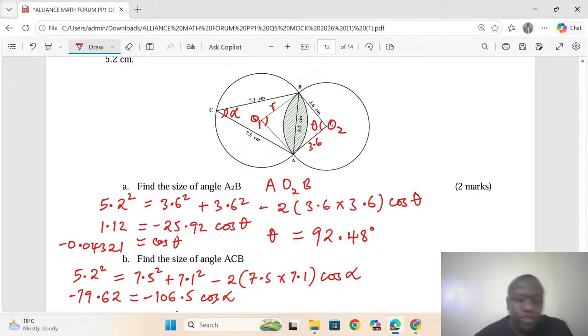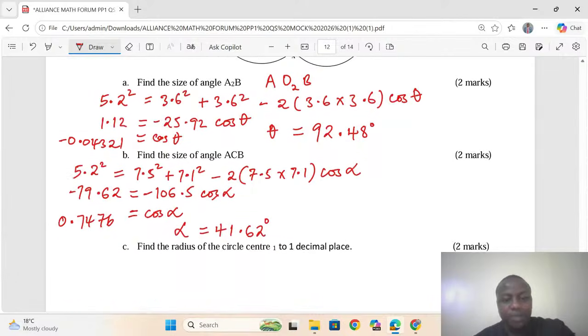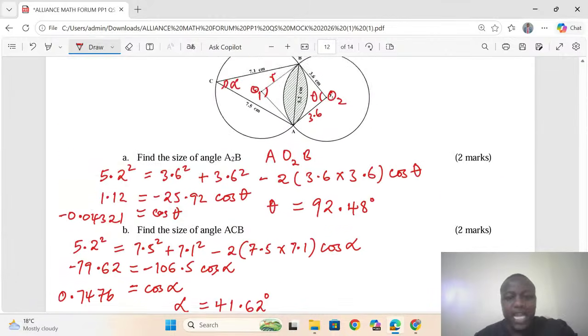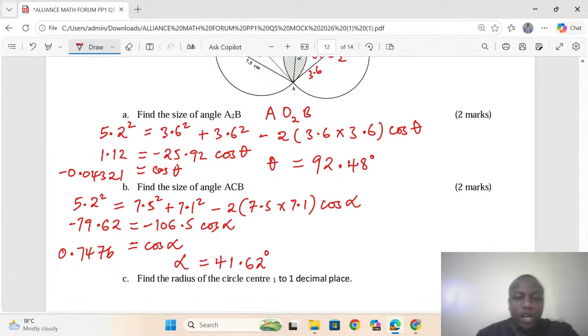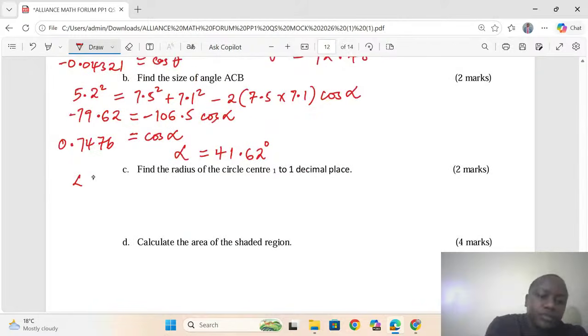Now, from Form 2 work, angle properties of circles. The chord AB is producing an angle at C of 41.62, meaning that the angle at the center, angle A center 1 B, equals we multiply this angle by 2.